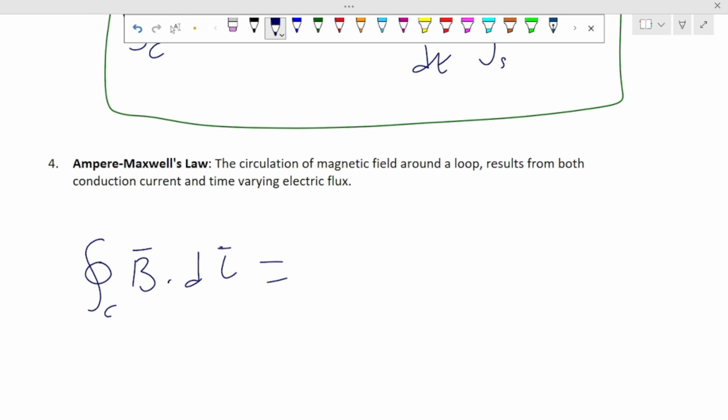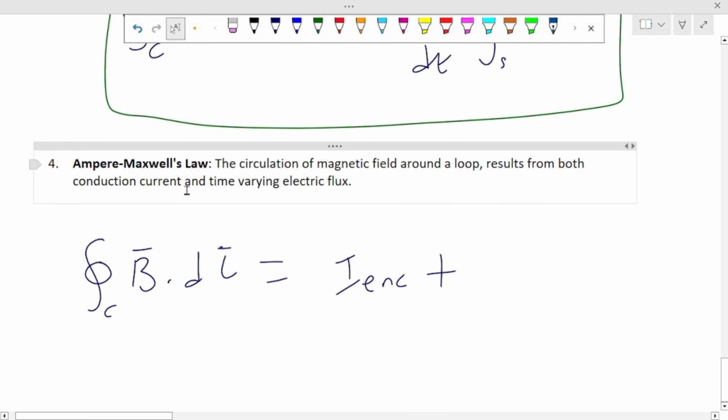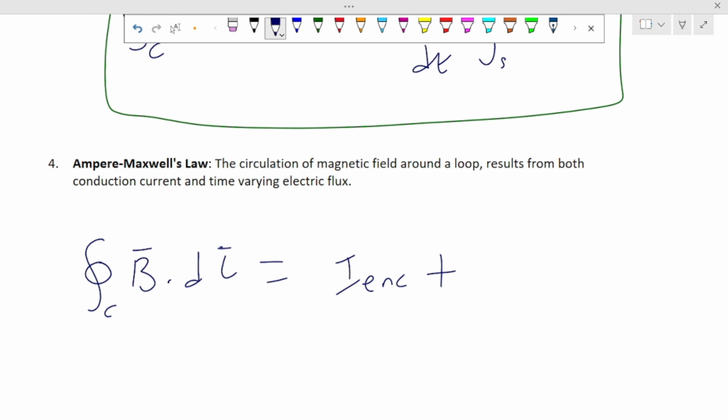It results from both conduction current, so for the conduction current we have this, and it's the total conduction current in the enclosed surface, plus time varying electric flux. So time varying, that means we have this time varying electric flux.